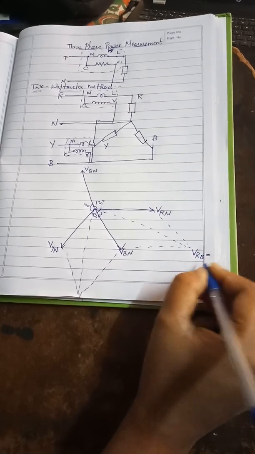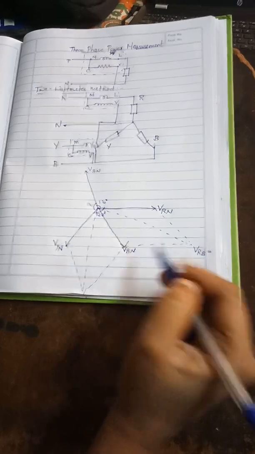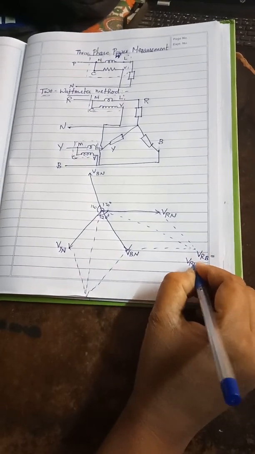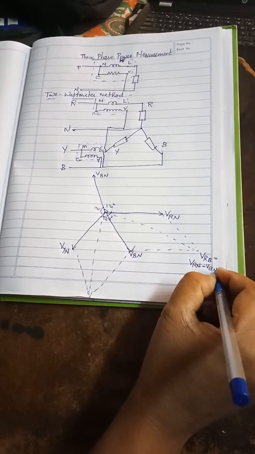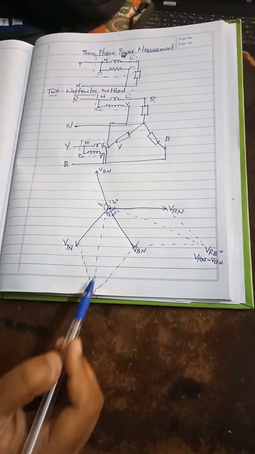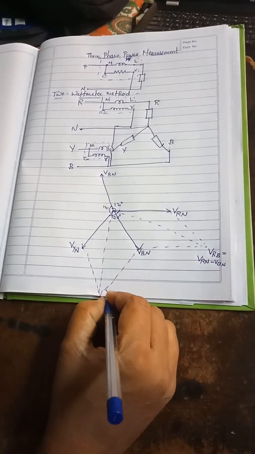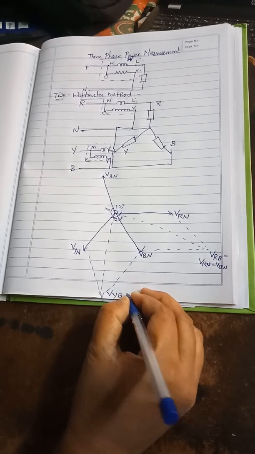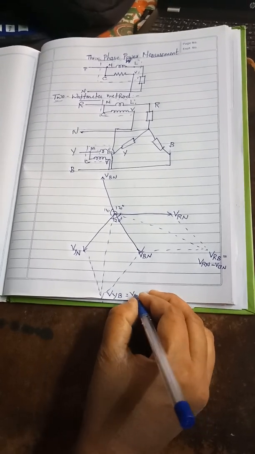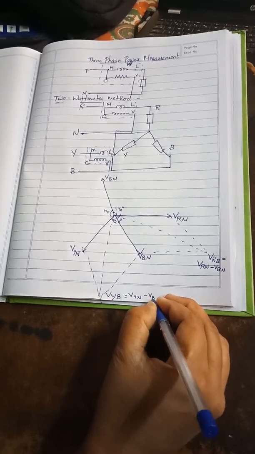So VRB is nothing but VRN minus VBN. Again, draw the resultant vector between VY and VB; this line voltage is called VYB. So VYB is nothing but VYN minus VBN.